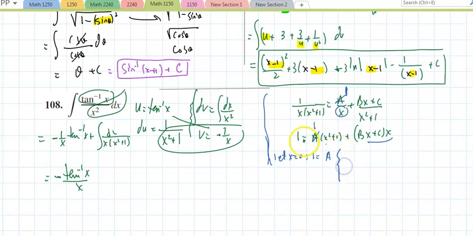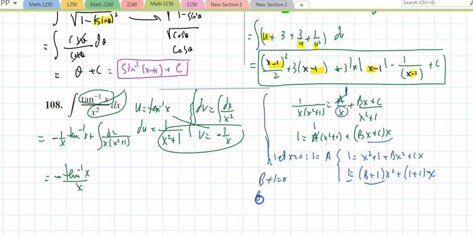So if I did the book's method, 1 equals A times x squared plus 1 plus Bx squared plus Cx. 1 equals (A plus B) x squared plus Cx plus A. And again, as you see, just by having the 1 there, automatically you clear things out. The number in front of x squared must equal, but there's no x squared. That means b plus 1 must equal 0. That means b is negative 1. And the number in front of the constant must equal the constant.